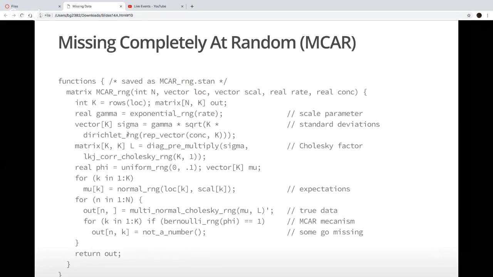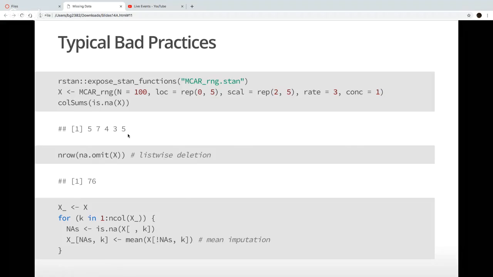There's nothing you can say, okay, if I think this is how the data were generated, and this is the process by which some observations go missing and others not, that would imply I should do either of those things, listwise deletion or mean imputation.